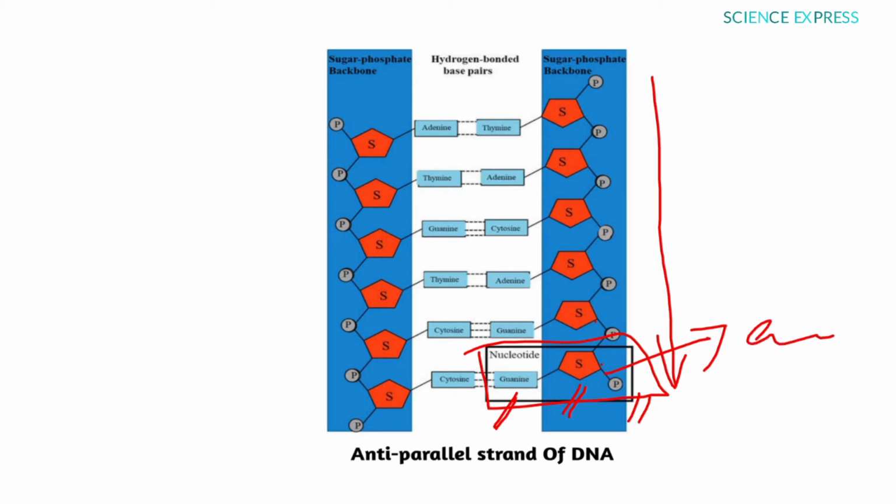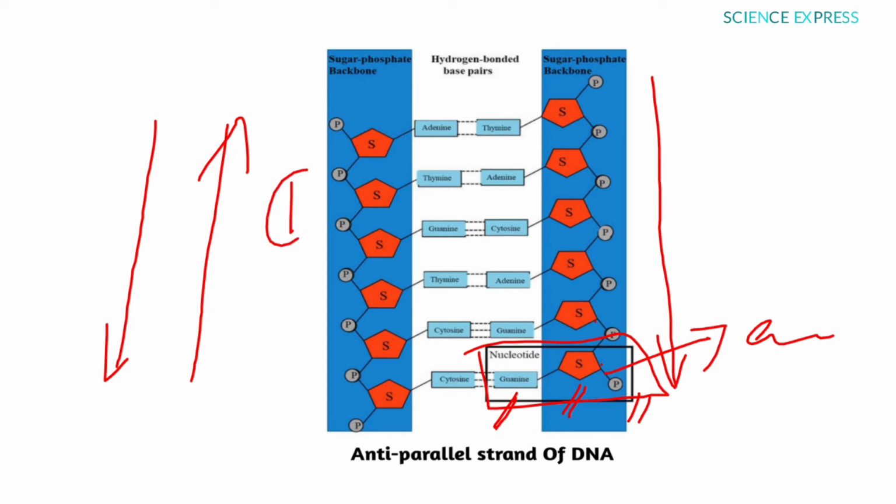Clear? Now, in this structure we can see that both chains are arranged in an anti-parallel fashion. That means in the first chain the 5' end, the phosphate end, is free, and the ending position, the hydroxyl group, is free.